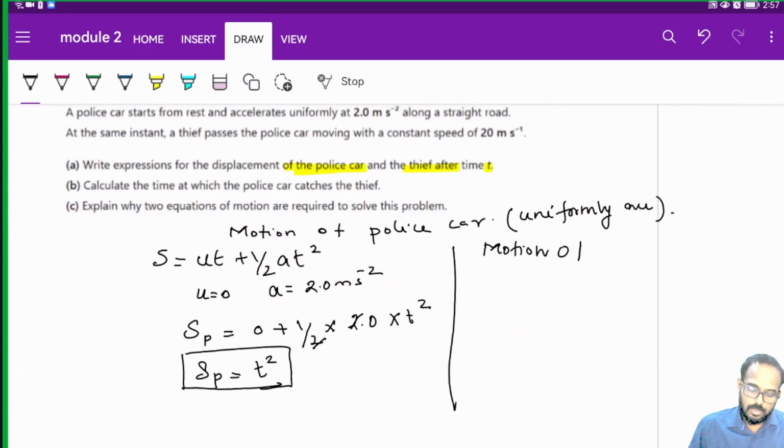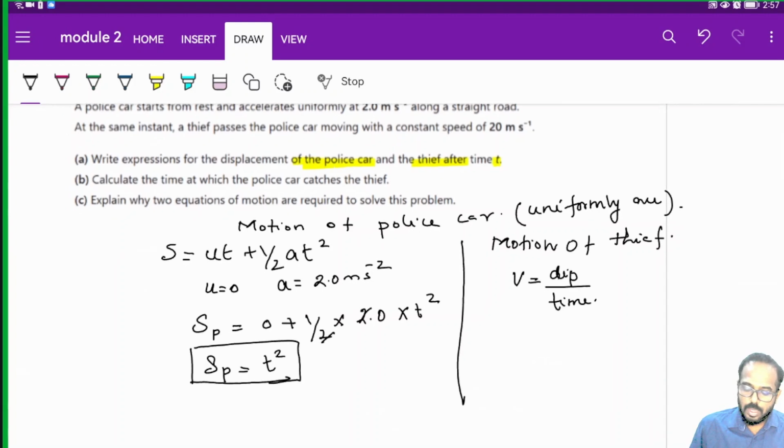Then, next you need to find out the expression for the motion of the thief, right? So for the motion of the thief, when you consider it is at constant speed, it means acceleration is not there. If acceleration is not there, you have only one equation, velocity is equal to displacement upon time.